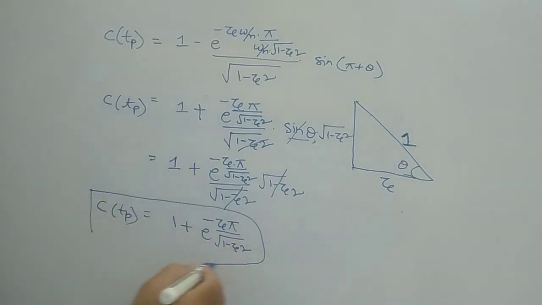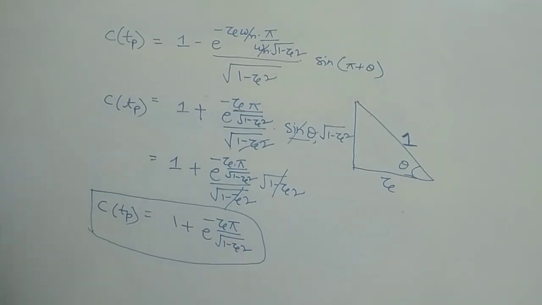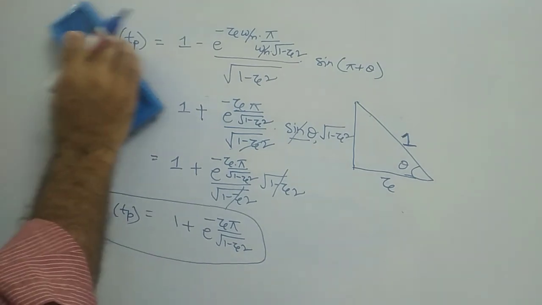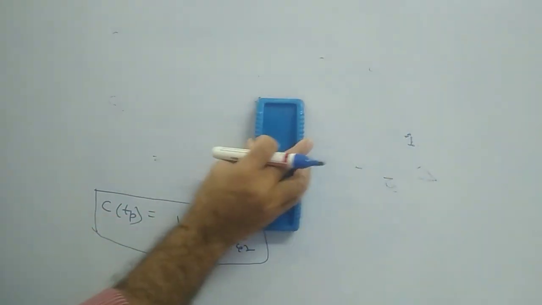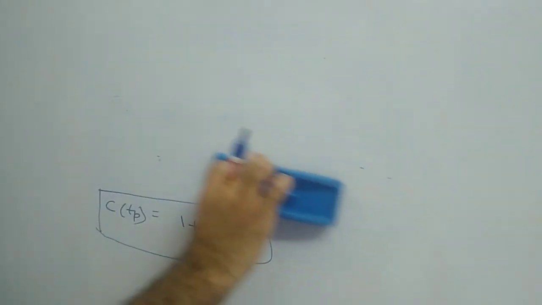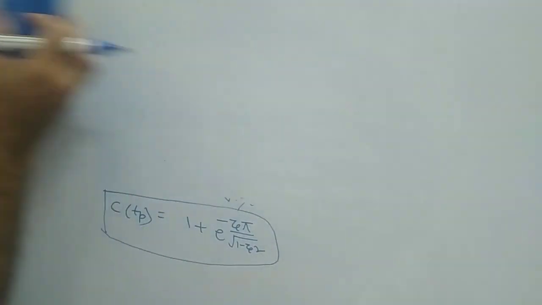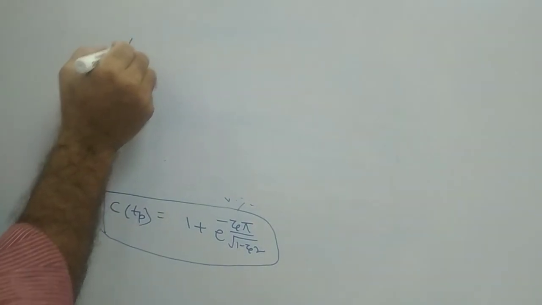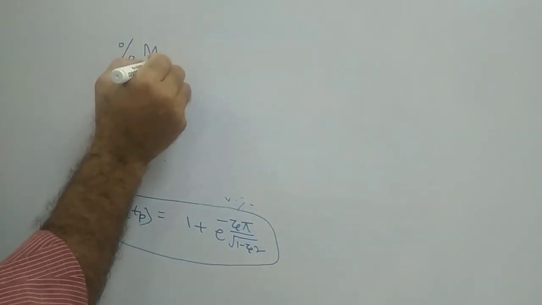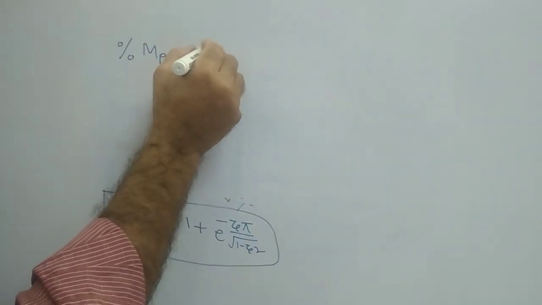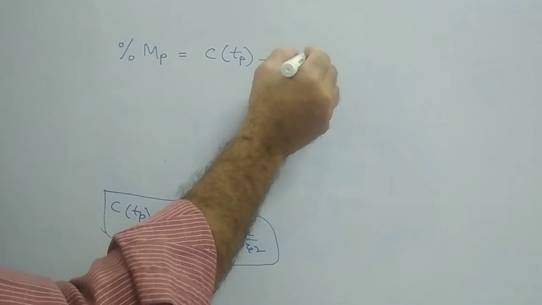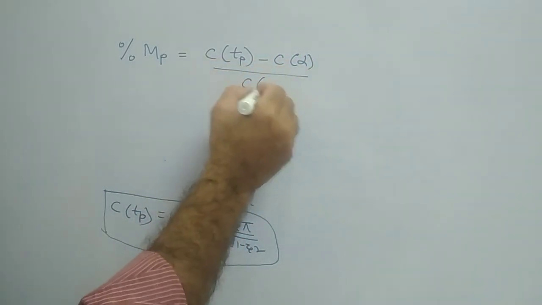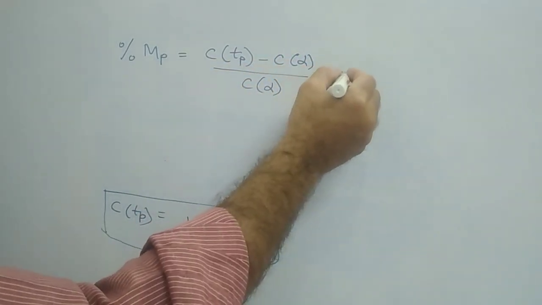Now substitute this into the initial definition. In the initial definition, what have we seen for maximum peak overshoot? Percentage of peak overshoot is equal to C of Tp minus C of infinity, by C of infinity, into 100.